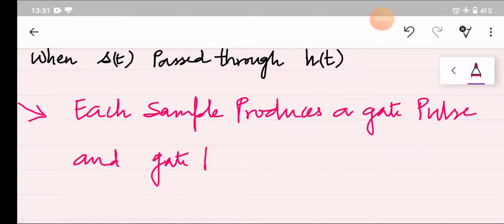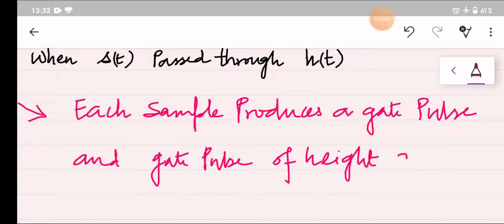So a gate pulse of height x(nT) will be our output.